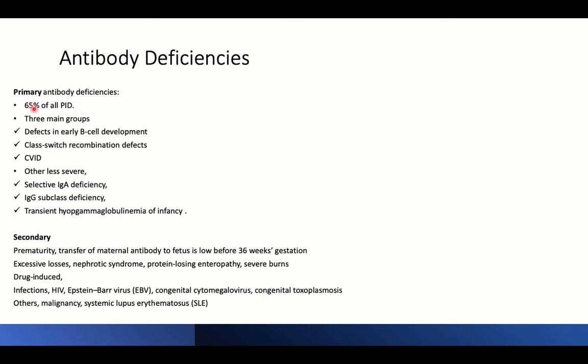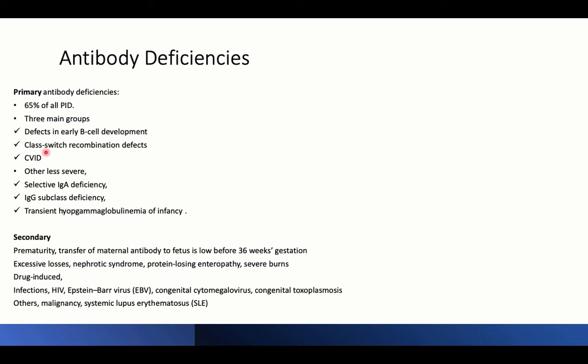As a primary deficiency due to genetic mutation, antibody deficiency constitutes 65% of all PID, the commoner presentation. We have three main groups for antibody deficiency, including defects in early B cell development, or the agammaglobulinemia, or the defect can be in the class switch recombination stage.